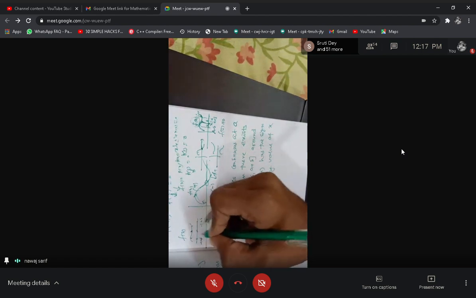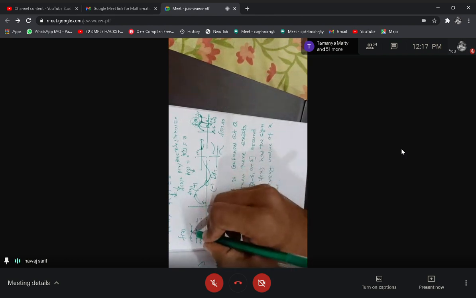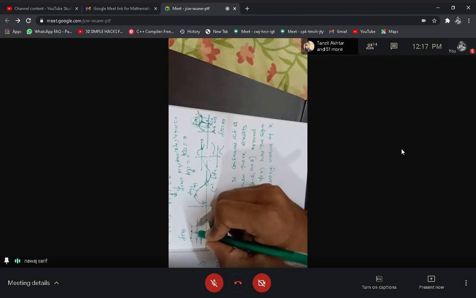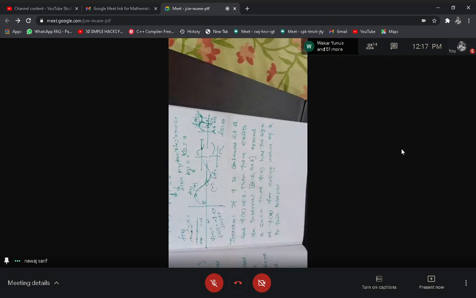That means if f(-1) is negative, then in this neighborhood also this function f(x) is negative. Understand?